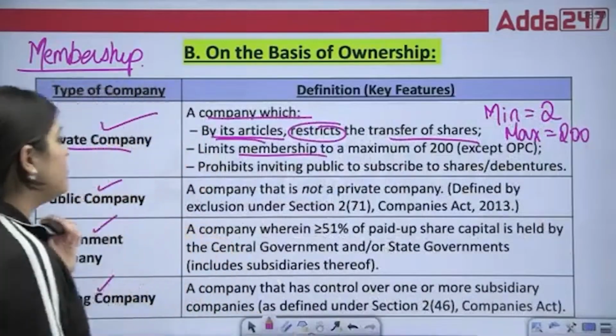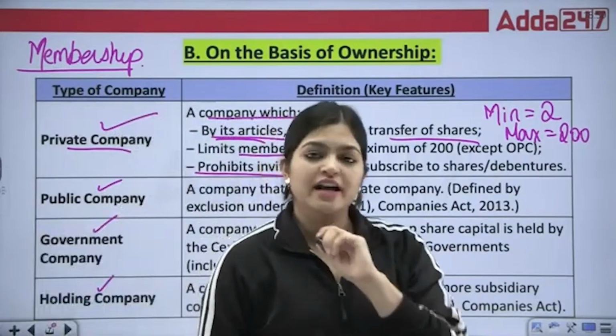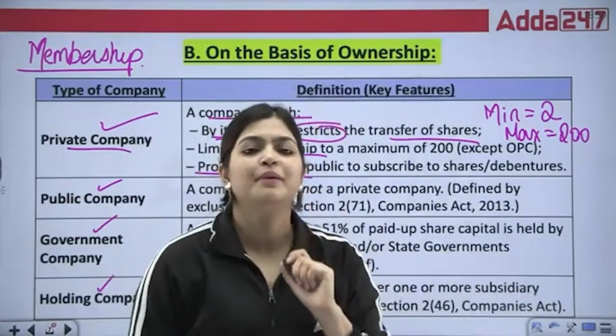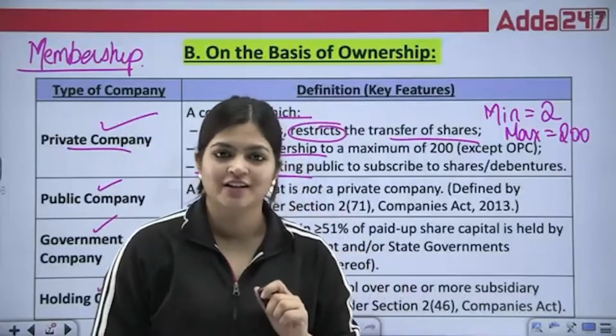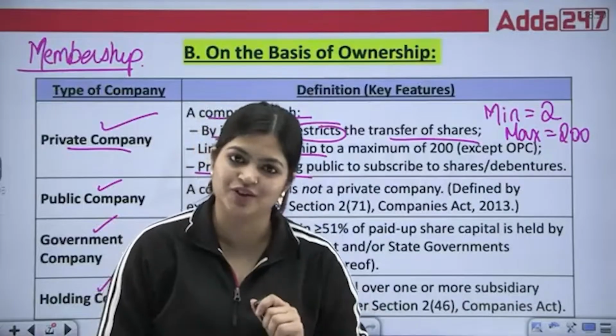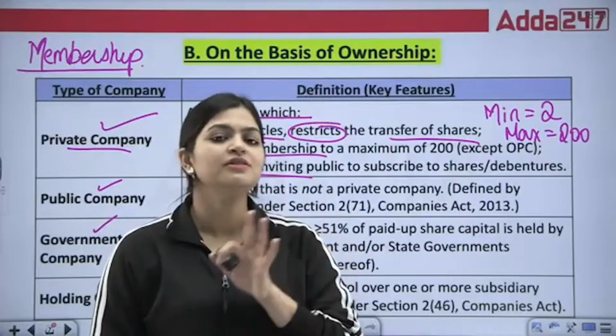So this is about membership. You cannot accept any public invitation. Yes, you cannot accept any amount from the public because you are private. Yes, private, only you are allowed when you are getting authorization as per Companies Act 2013. So this is your first, private company.